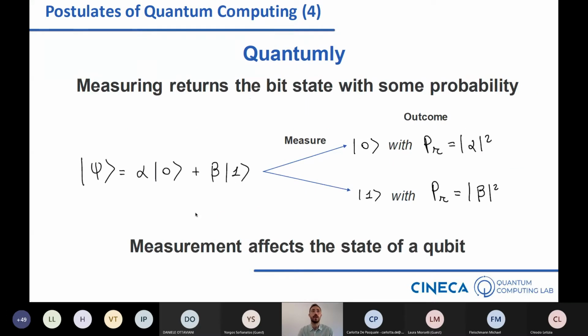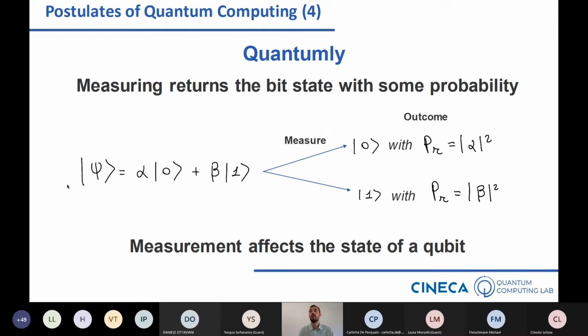So, before, you have superposition, and when you measure, you usually measure something called the Z operator. In this case the observable is Z, and what you get is 0 and 1, which are the two eigenvectors of the Z operator, with some probability.